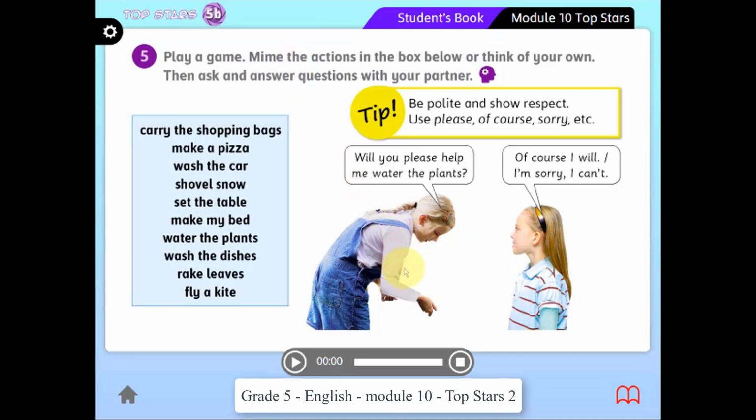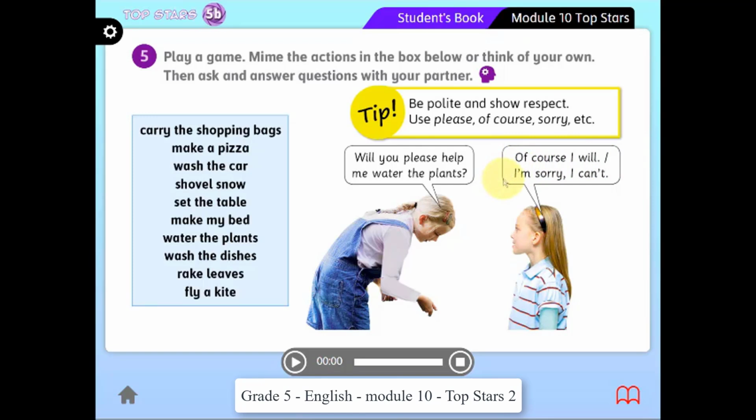Like this girl. She asks for help saying, will you please help me water the plants? And she acts out like she's watering the plants. Then the other friend replies 2 times. One time she agrees, of course I will. And the second time she refuses, I'm sorry, I can't.